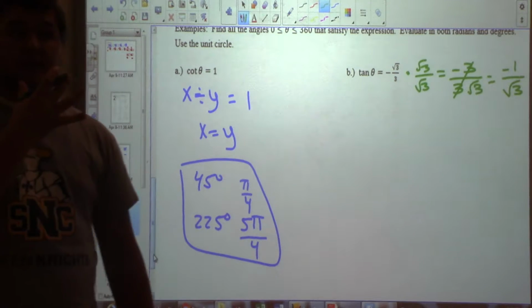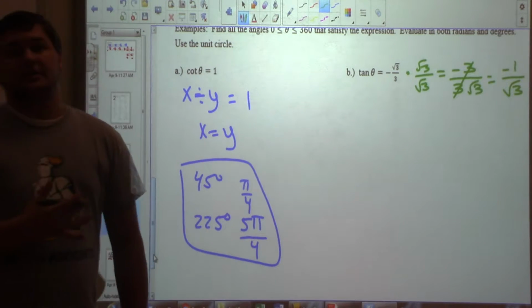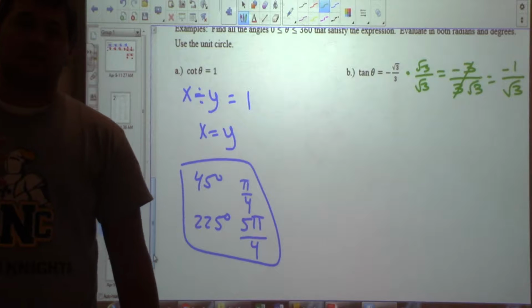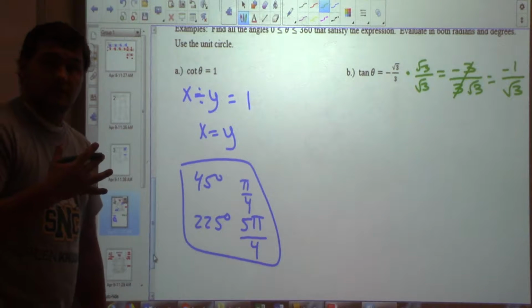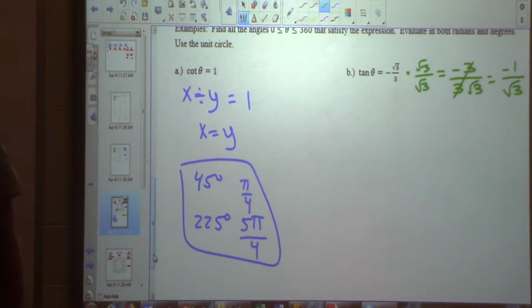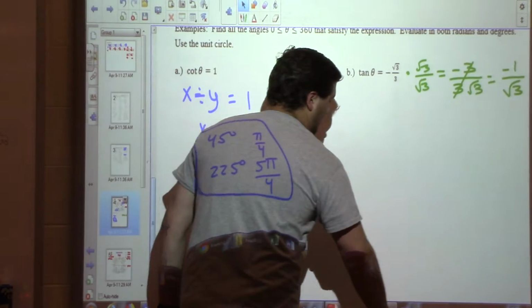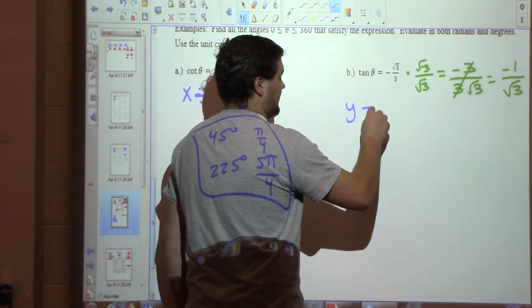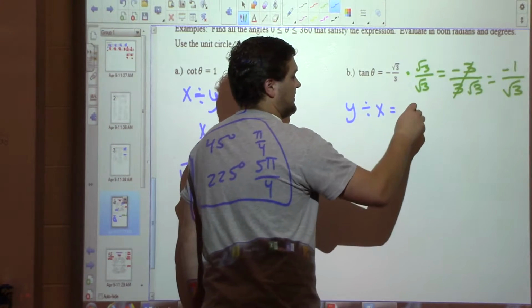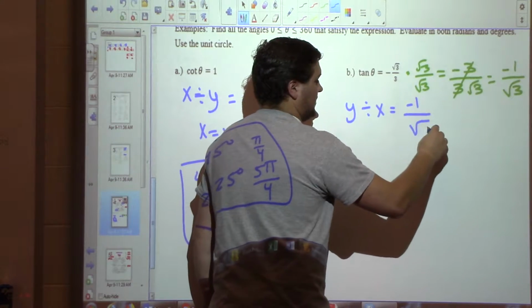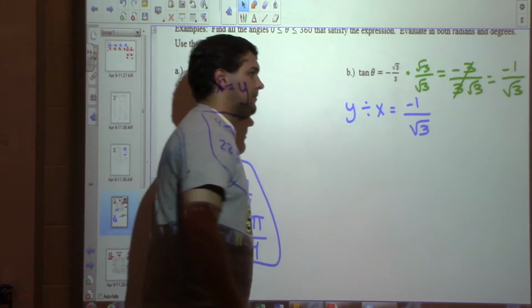Alright. Tangent theta, in terms of x and y, is what? On our unit circle, tangent theta is equal to y over x, or y divided by x. And I know that needs to equal negative 1 over square root of 3.